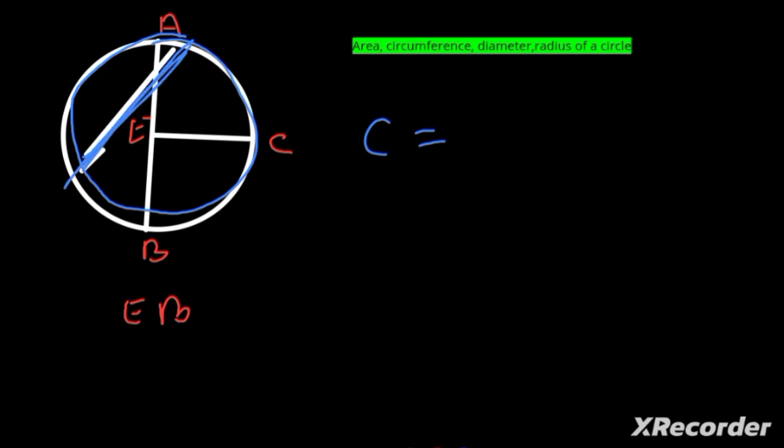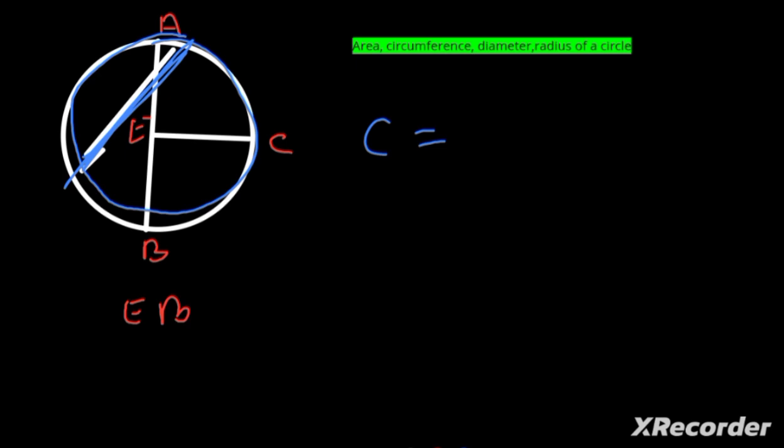So chord is basically the line which is formed when we join two points on the circumference of the circle. So what I said earlier, that the diameter is the longest chord. Why is diameter a chord? Because line AB joins two points on the circumference of the circle.